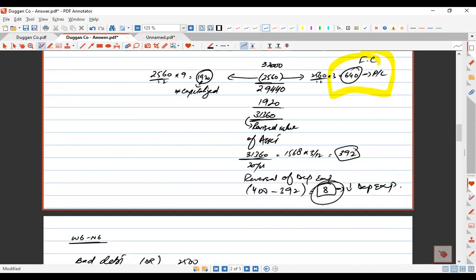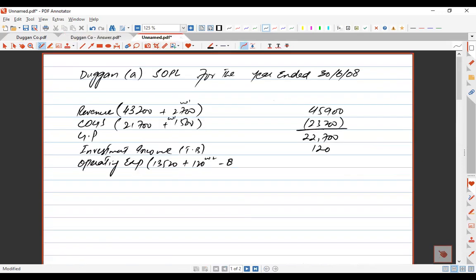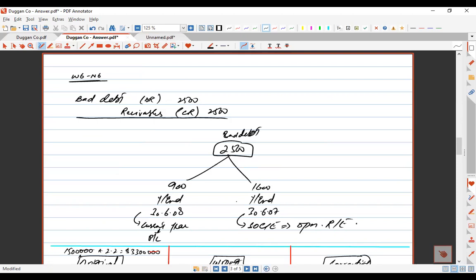Any expense, if not actually separately given, all of the expenses would be charged to operating expenses. This reversal of depreciation should also be adjusted from operating expenses, and we are deducting this depreciation because we have to reduce the amount of the depreciation expense. Plus 900. This 900 is from working number 6, wherein we recorded current year budget expense.